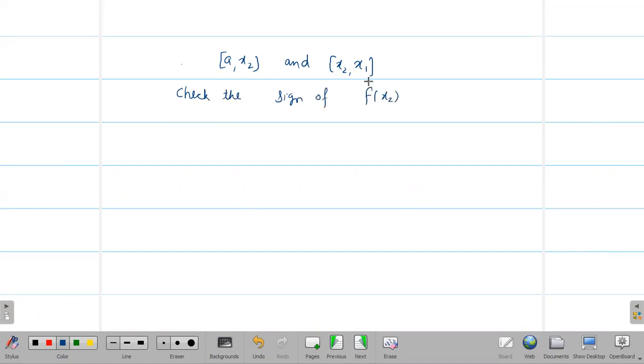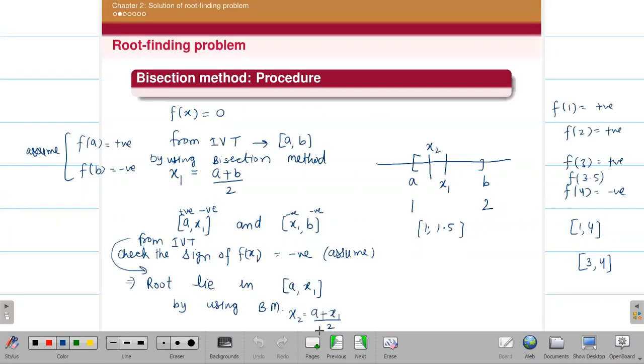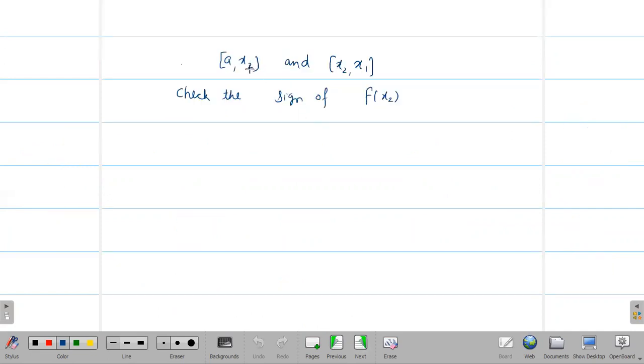So if f of x2 is positive, because here you are getting positive, then you will leave this interval because they are giving you the same sign. And if f of x2 is positive and f of x1 is negative, then you will take this interval. So suppose it is positive, it can be negative also, that will depend.